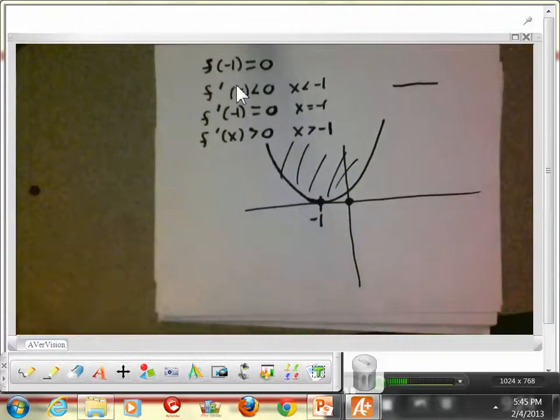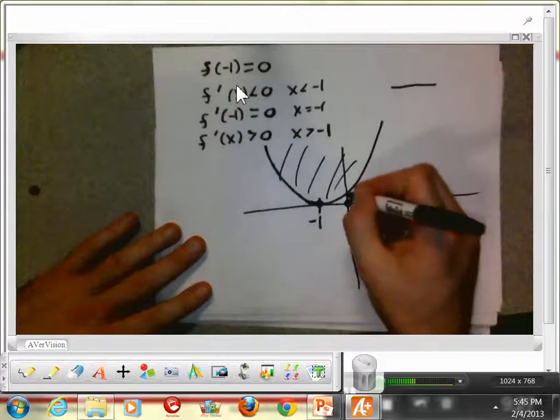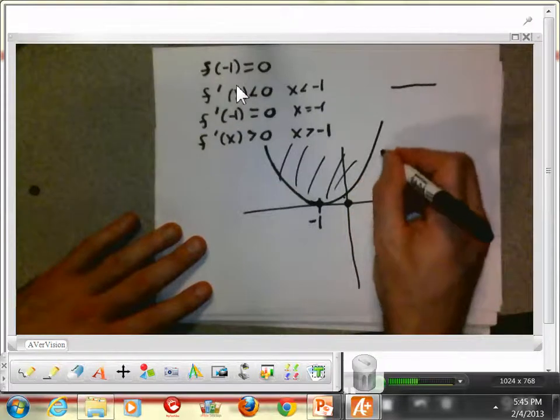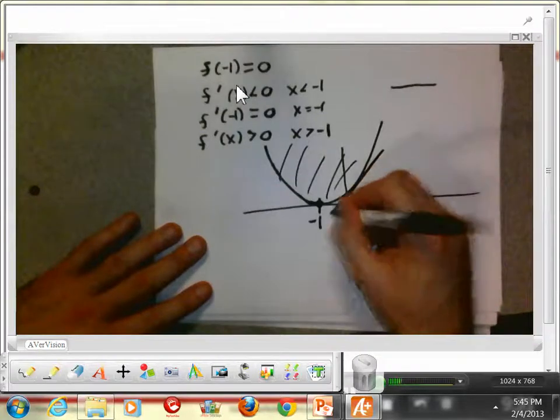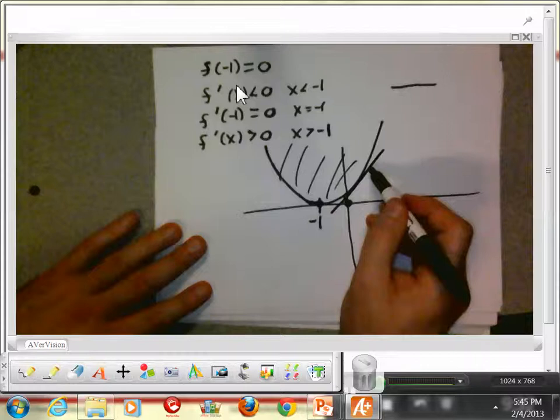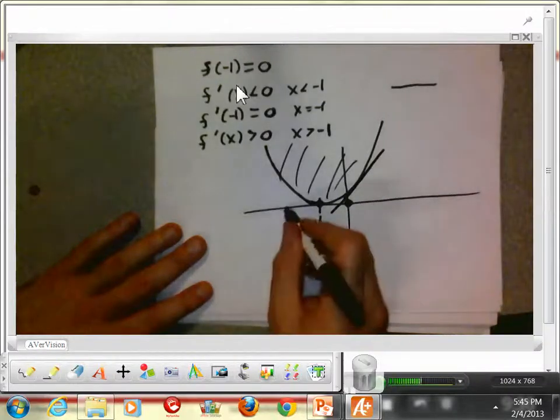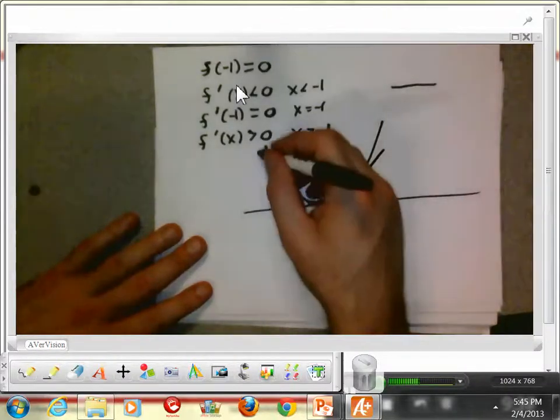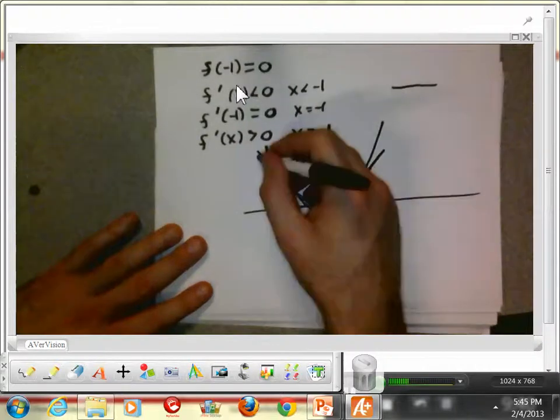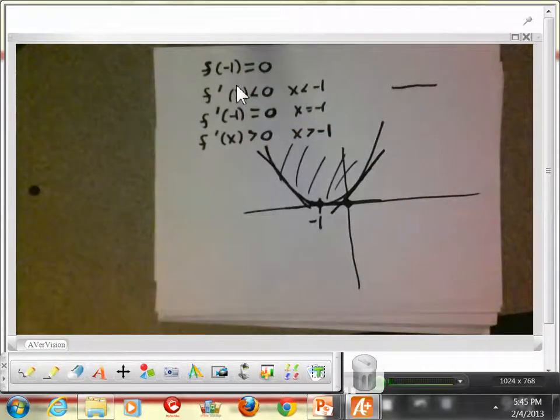The formal definition of concave up means if we draw a tangent line at any point in the concave region, the tangent line is below the curve, right? So if I draw the tangent line at 0, it's below the curve. If I draw a tangent line like here, it lies below the curve. The intuitive way to think about that is that it's shaped like a bowl. Concave up means it's bowl-shaped, like a mixing bowl.